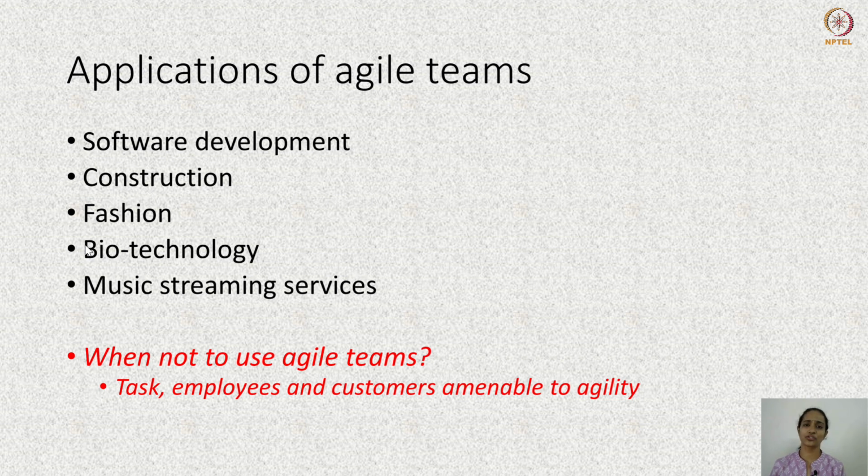Fashion and biotechnology are 2 areas where we constantly need to have teams evolve a product. For example, you would have noticed that when COVID struck, all the pharmaceutical companies were under a lot of pressure to develop a product or a vaccine that could help people.